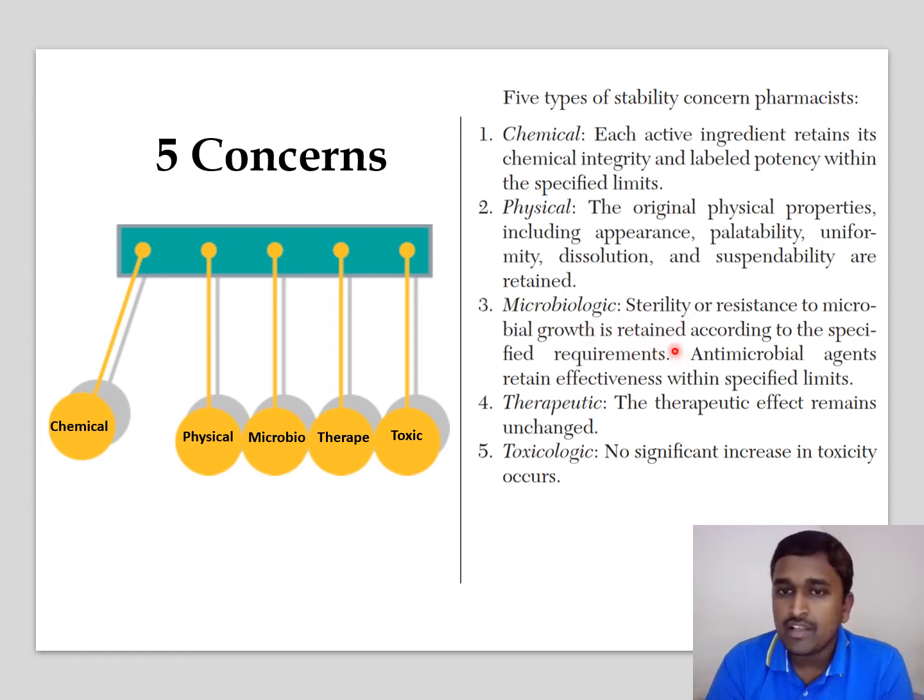If you take an example like eye drops, antimicrobial agents have been added because they will be used many times once the product is open. So whether the antimicrobial agents added to these eye drops retain effectiveness during the storage period or not is a microbiological concern.